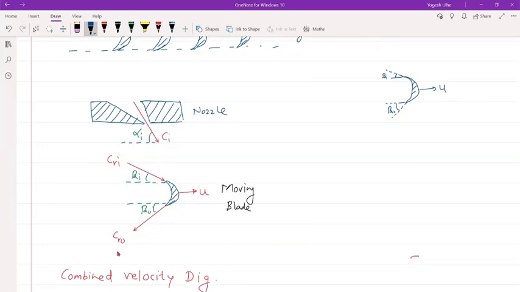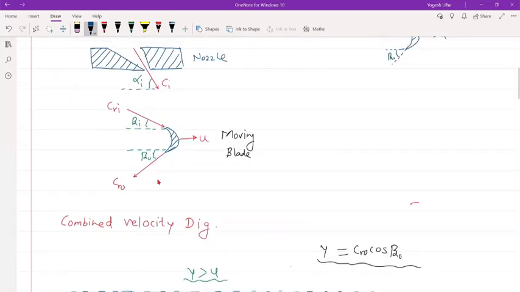CRI and CRO are imaginary velocities, not actual velocities. Whatever the velocity of steam leaving the nozzle, the steam enters the moving blade with the same velocity. Are you getting my point?